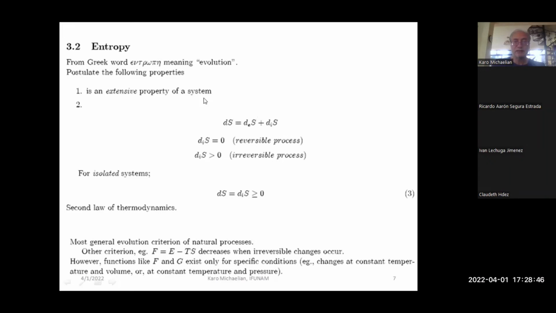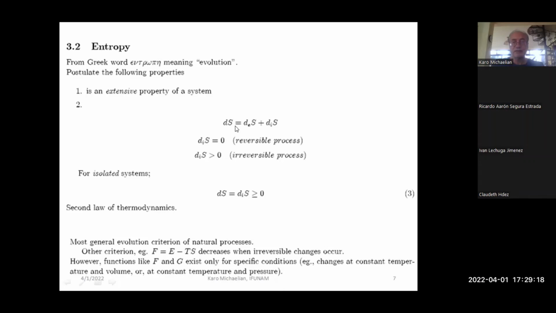Because it's an extensive variable, we can just sum the two and that gives us the total. Now, for the case of reversible processes, which of course do not occur in nature, but if we have an idealized system where we have only reversible processes occurring, then d_i S is equal to 0. But for any irreversible process, d_i S has to be greater than or equal to 0. That's the second law of thermodynamics.